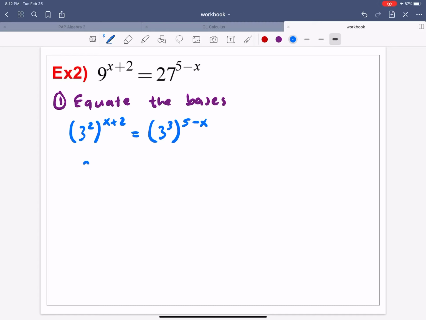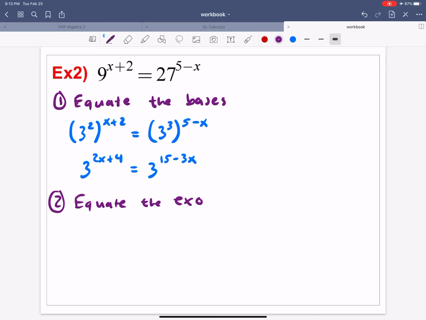So let's clean that up a little bit. The left side is 3 to the 2x plus 4 power equals 3 to the 15 minus 3x, because I'm just multiplying those two exponents together. Now that the bases are the same, we can equate our exponents.